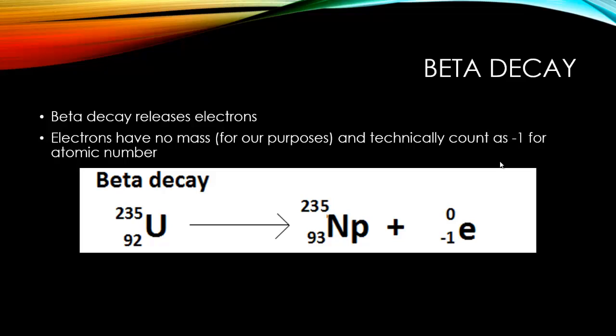What might seem a little weird is that the atomic number changes. But if you look at it, electrons are treated as -1. And since the electron is treated as -1, the numbers still add up. 92 equals 93 plus -1, which is the same as 92 equals 93 minus 1.